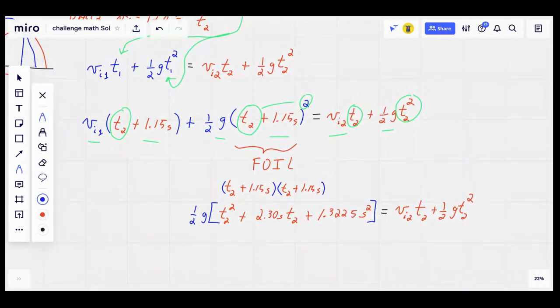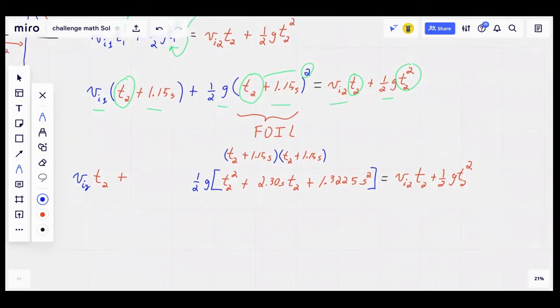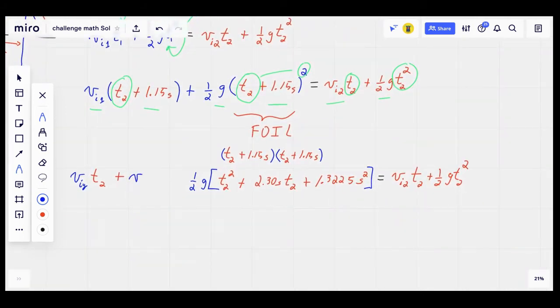So when I do that, this is what I'm going to get: V initial 1, that's ball 1, times T2, plus V initial 1 times 1.15 seconds.